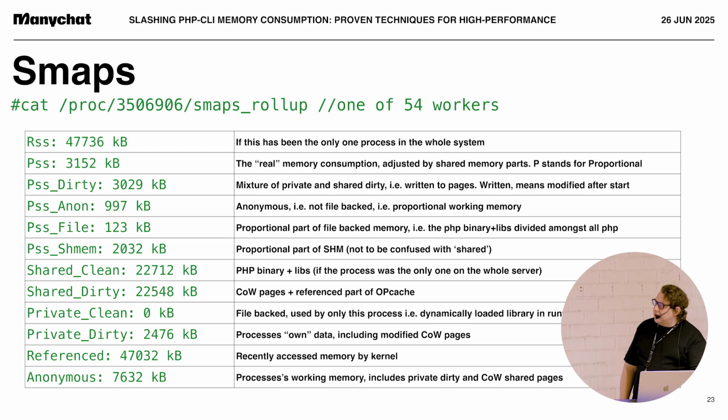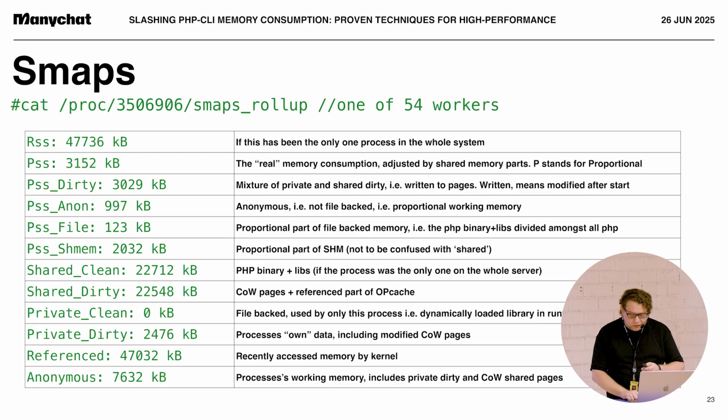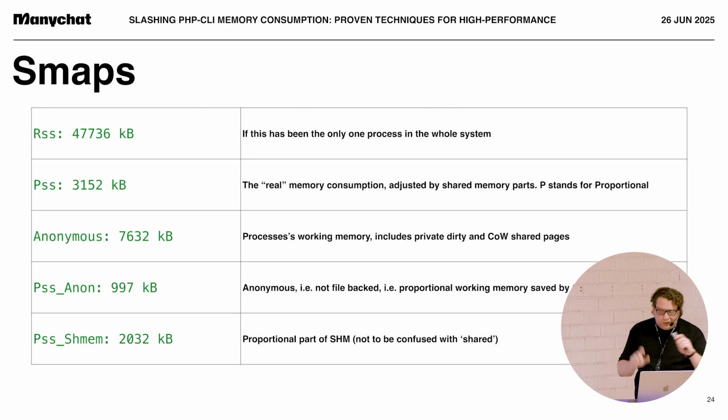But this rollup thing can roll up and sum and give detailed information about your process memory utilization. And here I've taken a random worker, one of 54 workers. This is a pretty big output. I've damaged my brain several times trying to figure out what is going on, so I've decided to take only a little part of it.